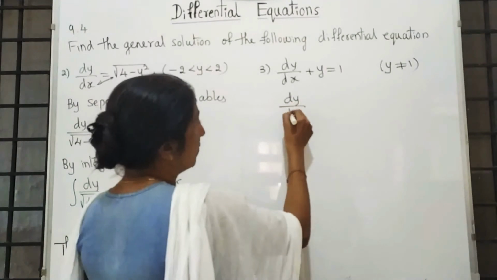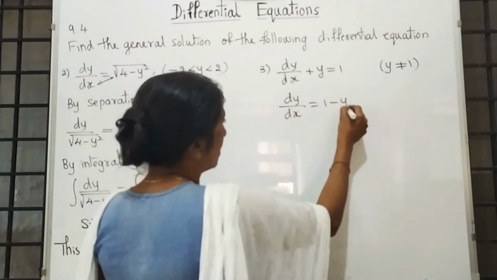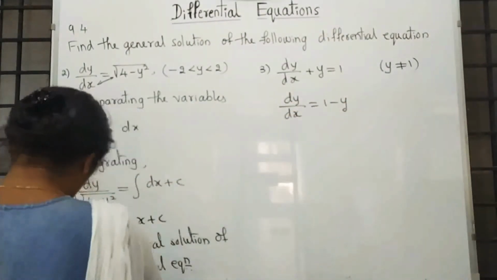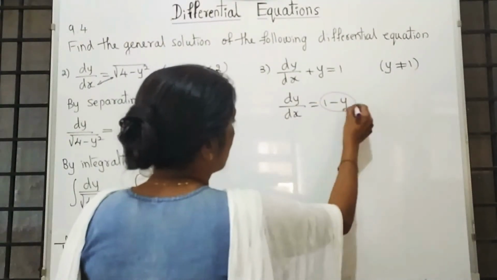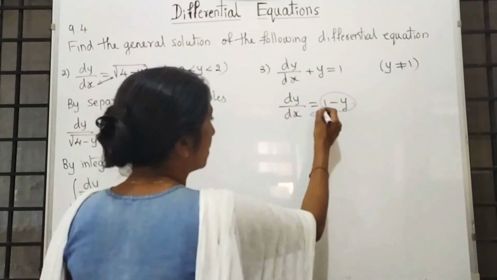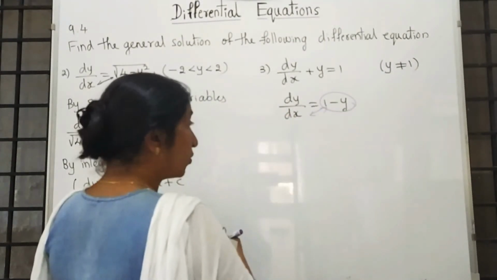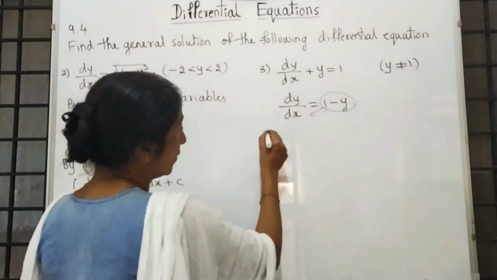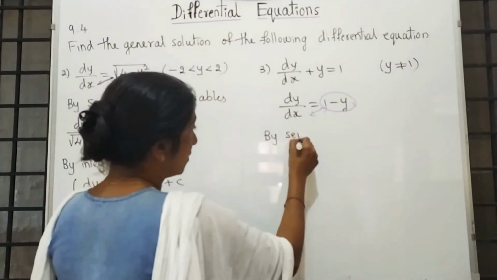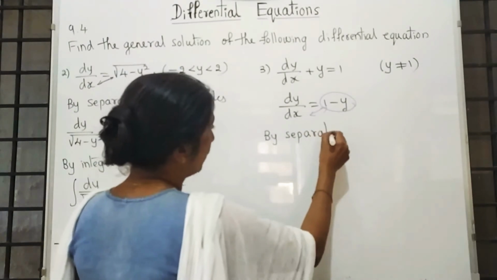Now dy upon dx is 1 minus y. See here, take this complete as a one term. Take here this on here, dx on this side. That means what you are doing, just we are doing a cross multiplication, but instead of that you have to write like this.